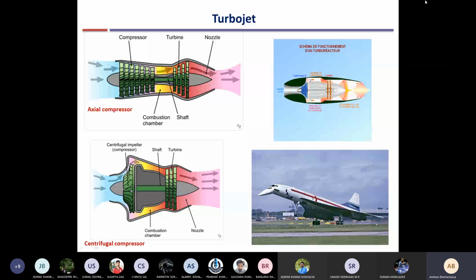And the second main problem for turbojets is that because the exhaust gas goes out at very high velocity, they create huge turbulence and a huge amount of noise. If you are not familiar, I am guessing that most of you have traveled by aircraft. Nowadays it has become so common.